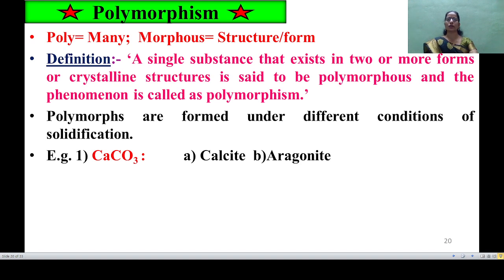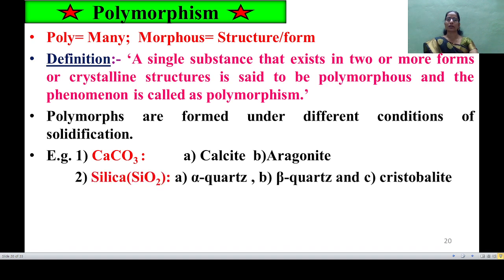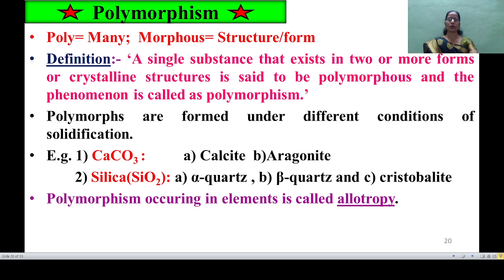It has two forms. One is named calcite and the other one is aragonite. The polymorphous forms of silica are alpha quartz, beta quartz, and cristobalite. You note down that the polymorphism occurring in elements is called allotropy; especially if the polymorphism occurs in elements, then it is named allotropy.